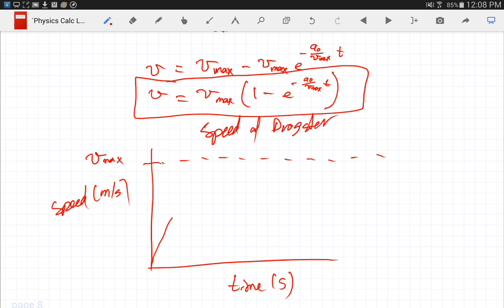There's my asymptote. And so it's going to go like this. So that's what my equation for speed as a function of time looks like.